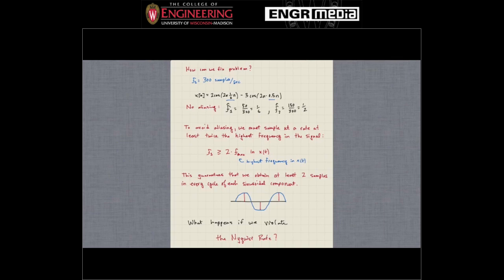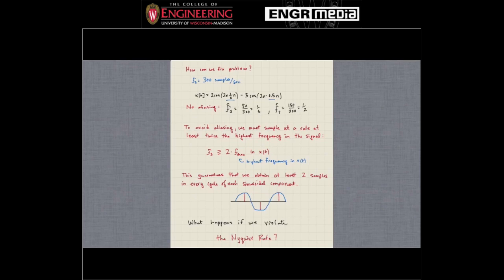Right? We can write out the discrete time frequency. Okay? Discrete time frequency f hat, again, is simply the original frequency of the sinusoid times the sampling period, right? Which is 1 over 300. So that gives us 1/6. And the frequency of the second term is 150 for the continuous time signal. And again, TS was 1 over 300. So f2 hat is just 1/2.